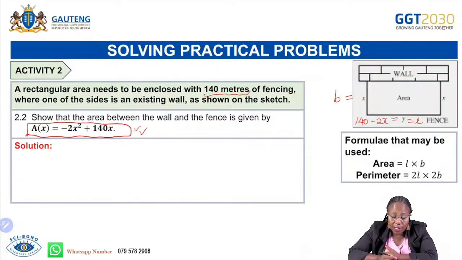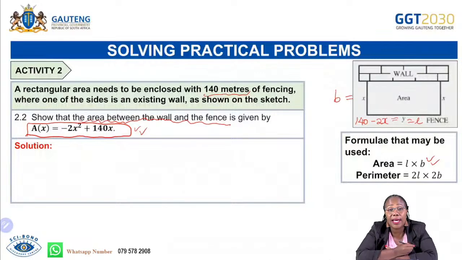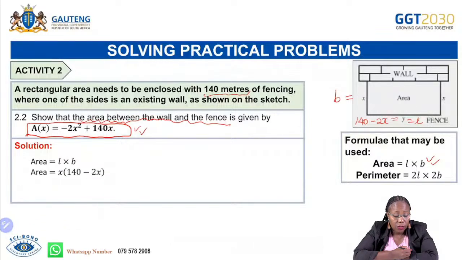So now we are looking for the area between the wall and the fence. Remember, the formula for the area is length by breadth, because we are looking at the area of the rectangle. That is area equal to L times B. So now we are substituting the length with 140 minus 2x and the breadth with x. Hence we have x into 140 minus 2x as our substitution there.